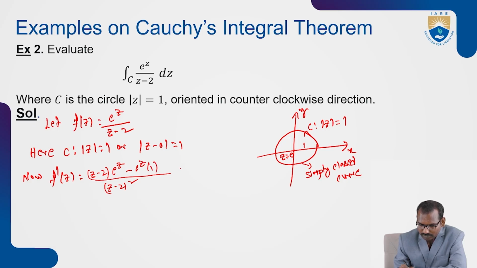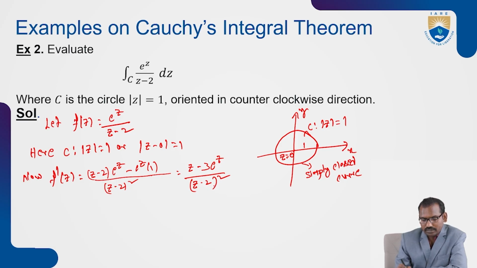Now you will have z minus 3 e power z by z minus 2 whole square. So the derivative function is a rational function.